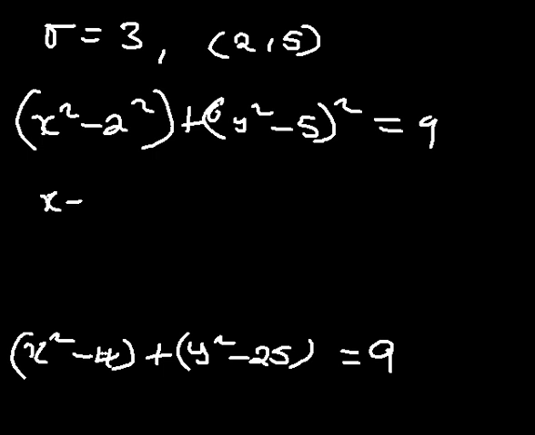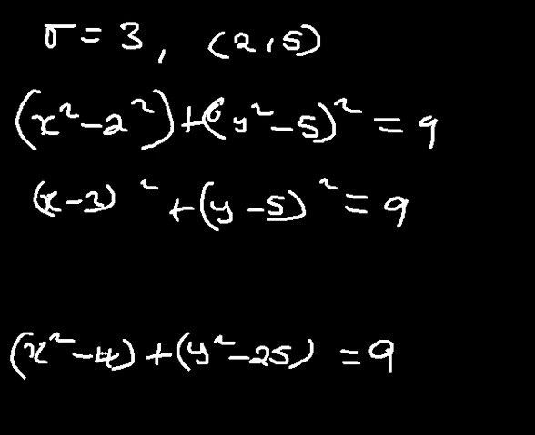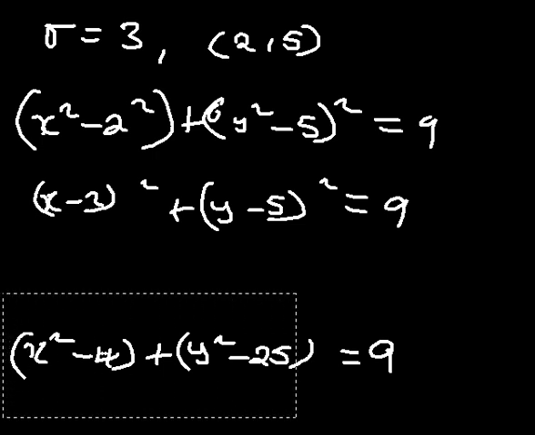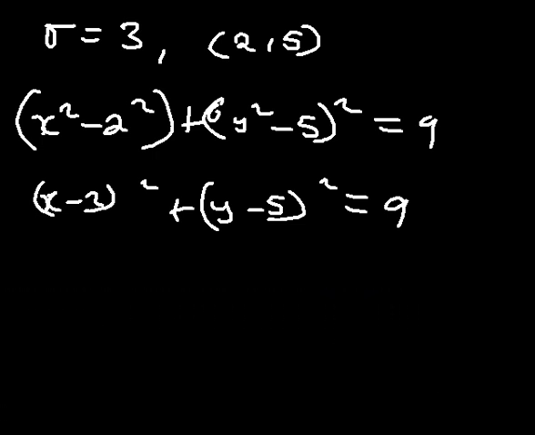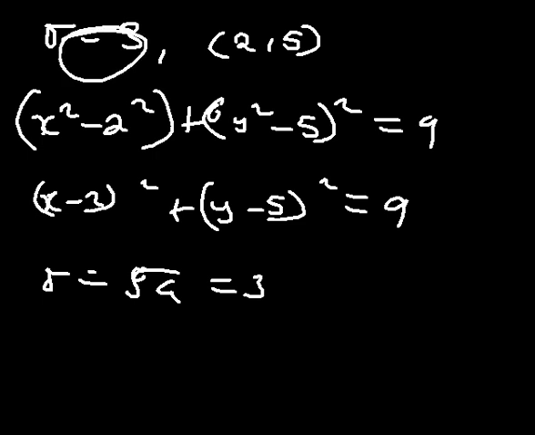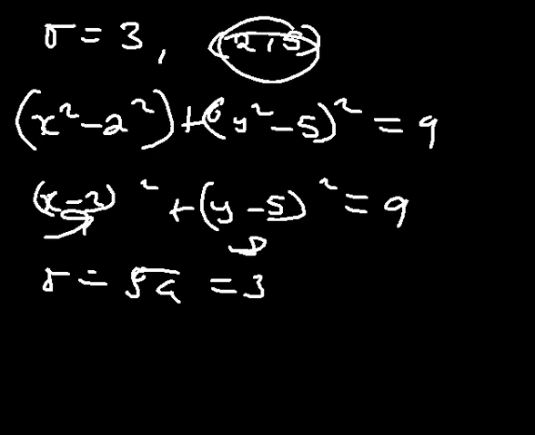So this is the same as x minus 2 to the power 2 plus y minus 5 to the power 2, which is equal to 9. Now, what is the center of the circle? The radius will be given as the square root of 9, which is 3, as we have it here. And the center will be given as positive 2 and positive 5, as we have it here.